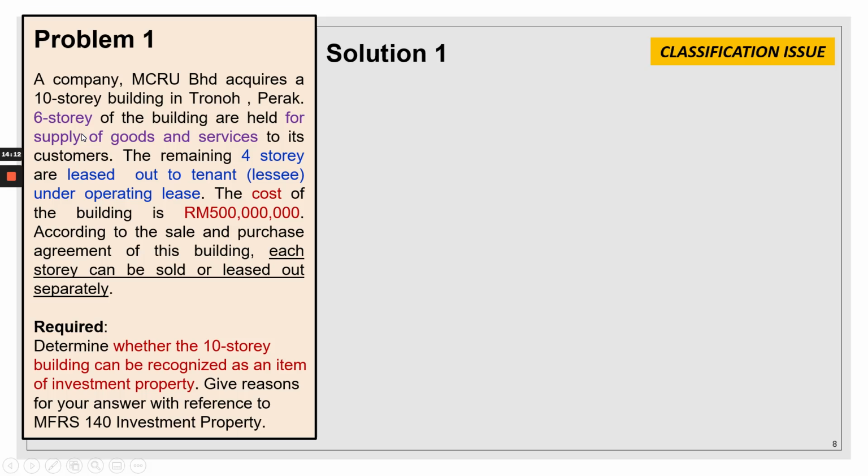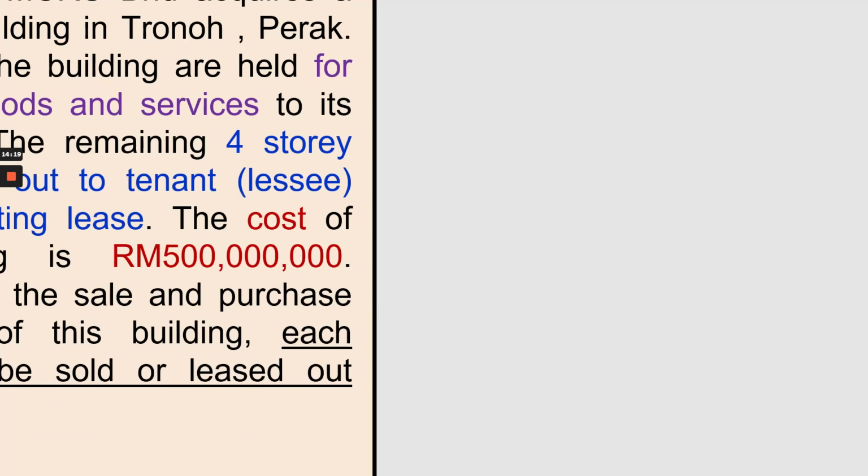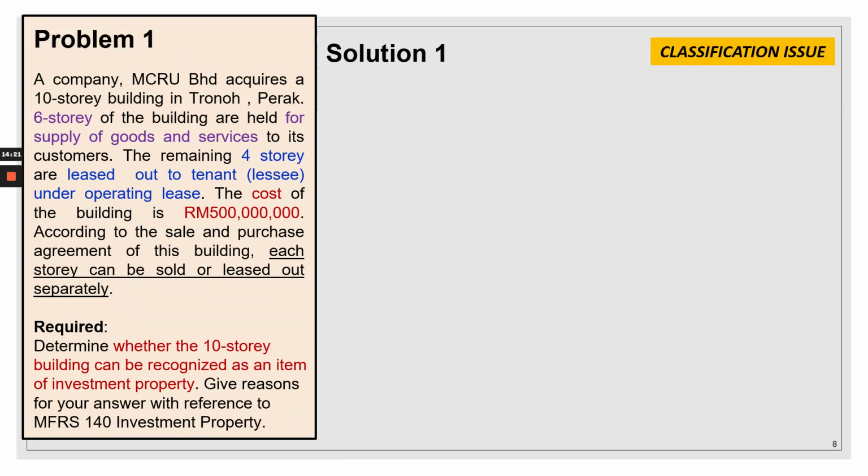This shows the characteristic of owner-occupied property. The remaining 4 stories are leased out to tenants under operating lease.